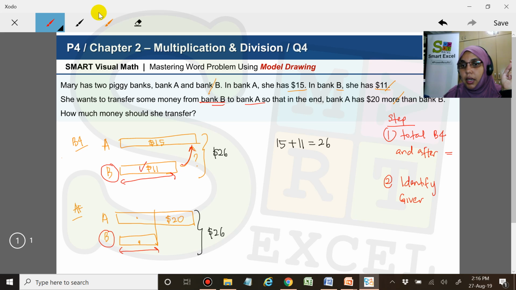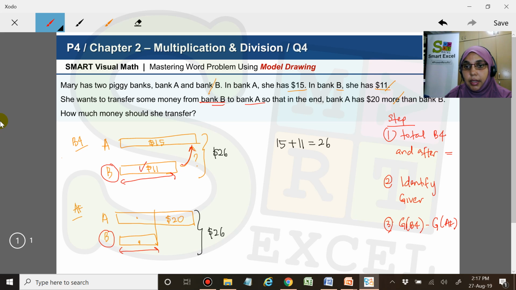Giver before, minus giver after, that will be the amount we give.